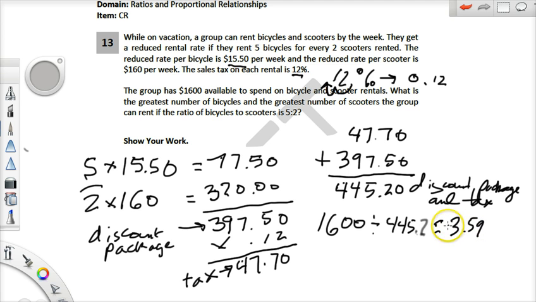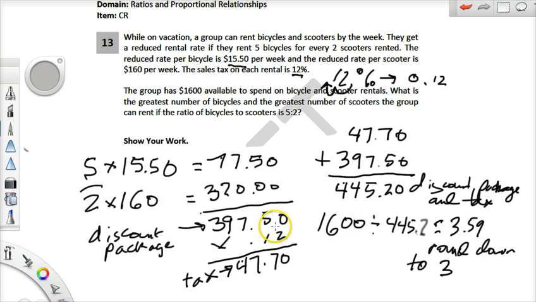Now, we have enough money for 3.59 of these packages, right? These packages of 5 and 2. We don't have quite enough for 4, right? So because you can't break up this package or reduce it, we're going to have to round down to 3 packages.